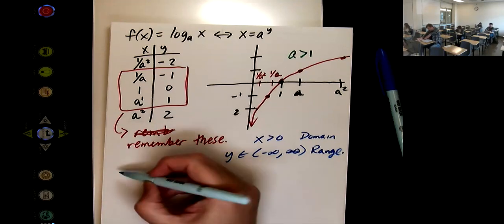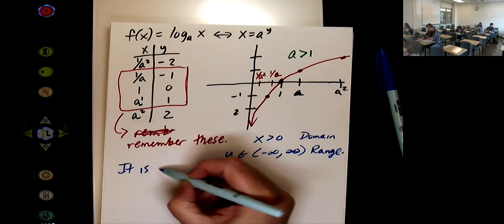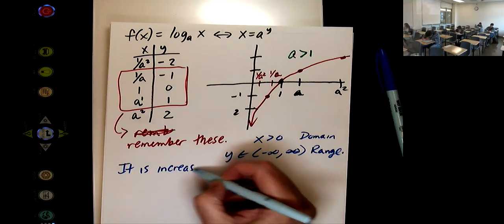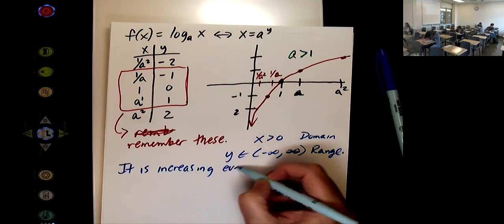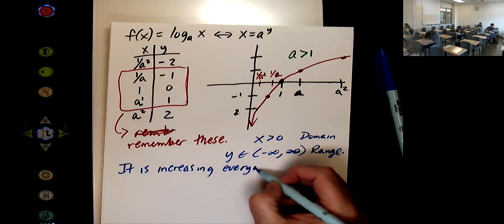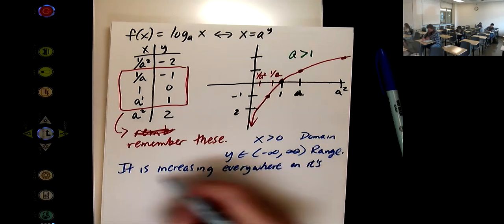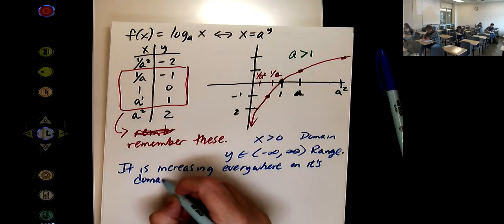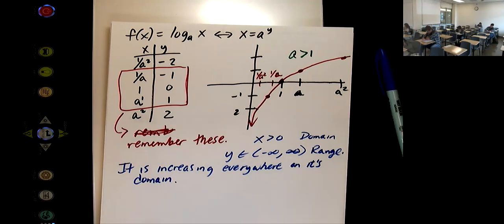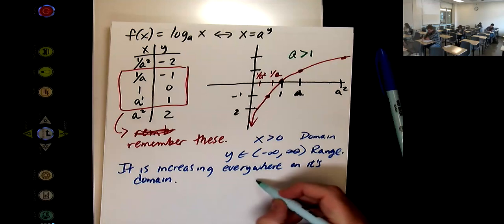It is increasing on its entire domain. Y equals 0 is a vertical asymptote.